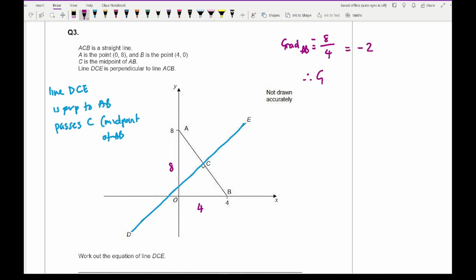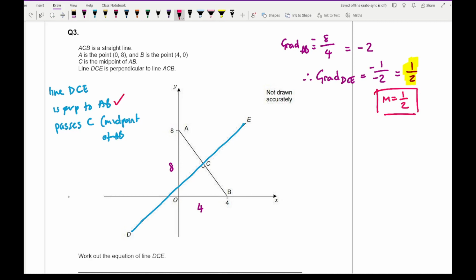So therefore the gradient of DCE is going to be perpendicular to that, so it's going to be -1 over -2, which is positive a half. So that there is my m. So here m equals a half.